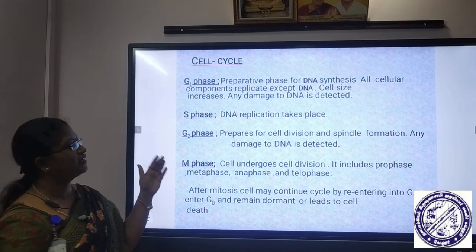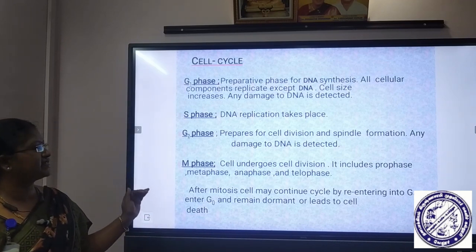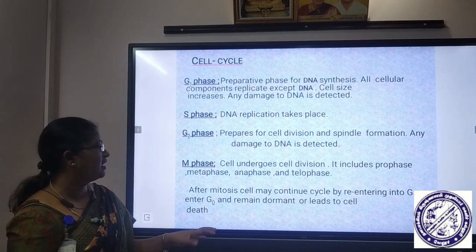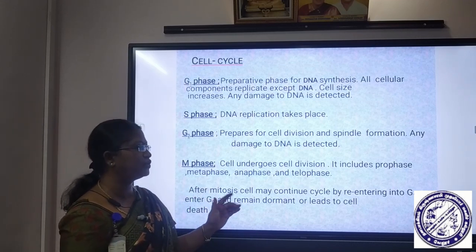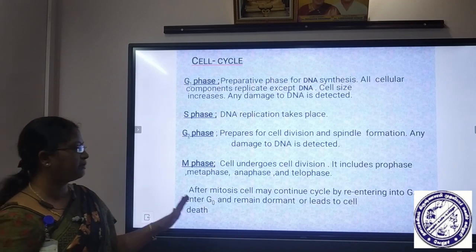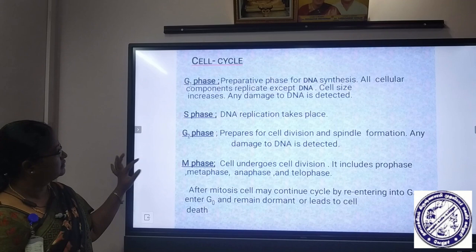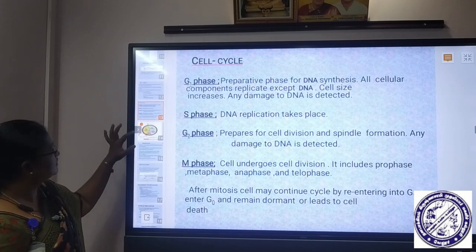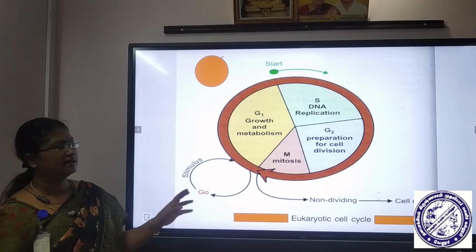G2 phase prepares for cell division and spindle formation, and in M phase the cell undergoes cell division. After mitosis, the cell may continue the cell cycle by re-entering G1, or enter the G0 phase, or remain dormant, or lead to cell death. So this is the structure which shows the cell cycle.